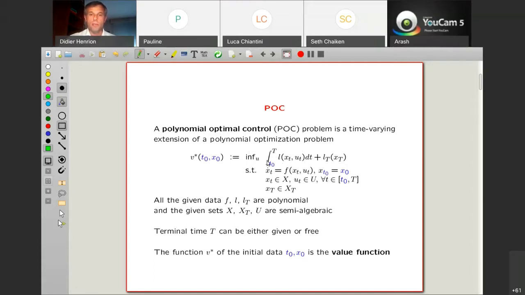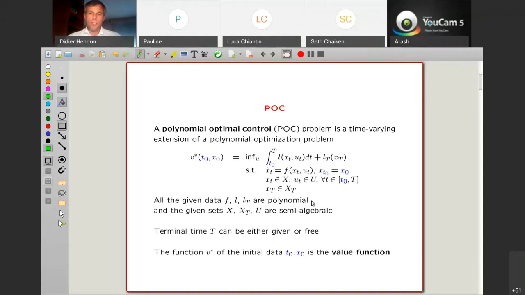This is the integral cost here, the integral of some scalar-valued function L of the state and of the control, integrated with respect to time, plus some terminal cost, L_T, evaluated only at the terminal state.